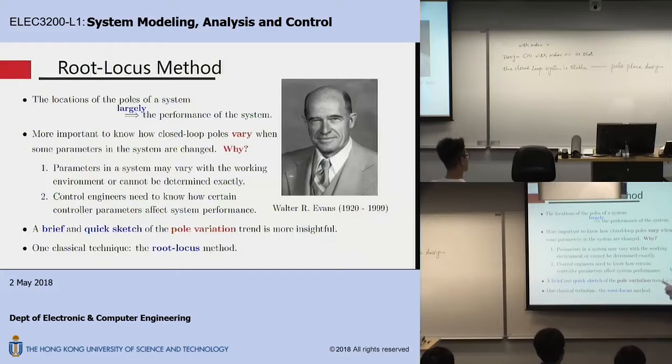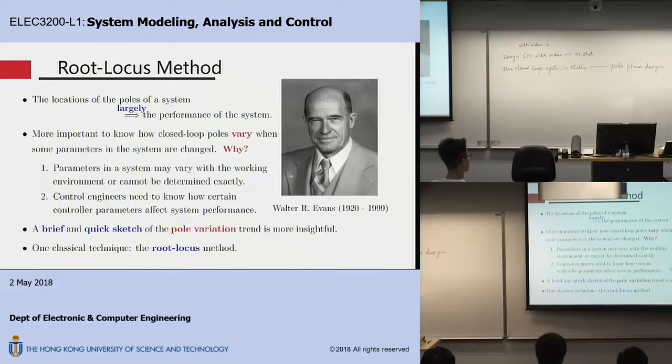So today we're going to look at the simplest situation where you only have one varying parameter, and then change this parameter and see how the closed loop poles change.